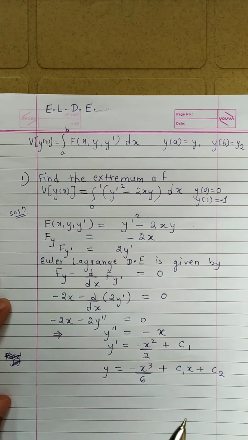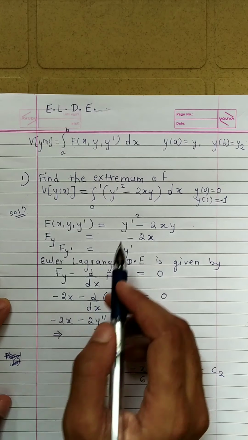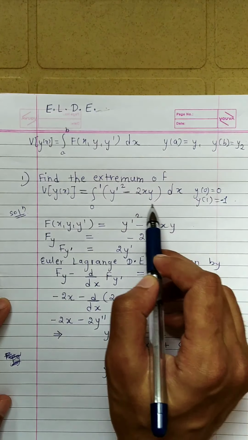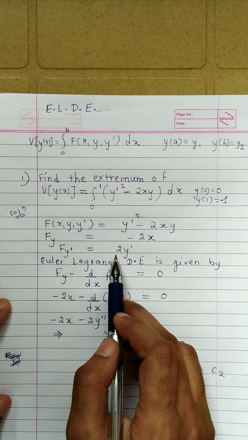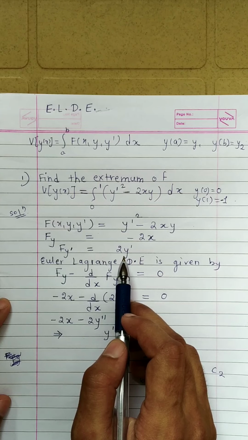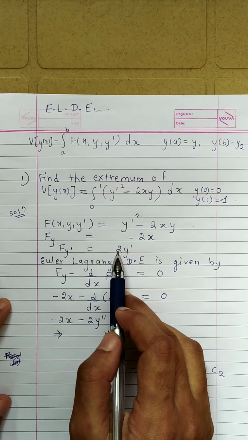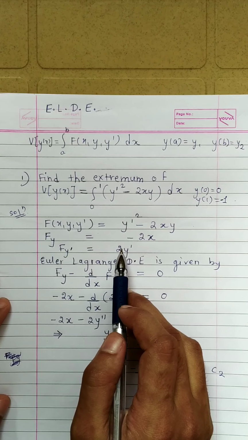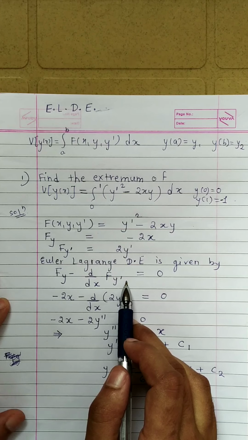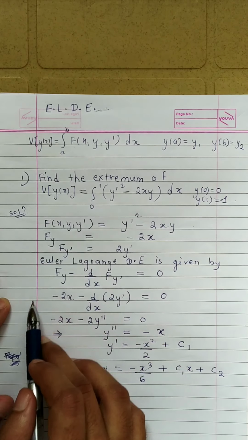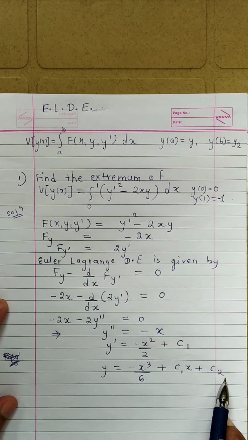If you check, first differentiate f with respect to y dash, and if you again differentiate it with respect to y dash, that means f y dash y dash, we get 2, which is not equal to 0. Therefore this Euler-Lagrange equation is a second order differential equation, and you can clearly see here we are getting two constants which are to be determined.